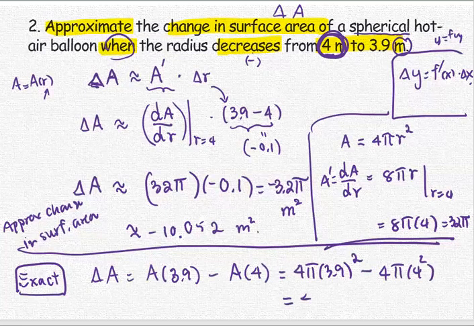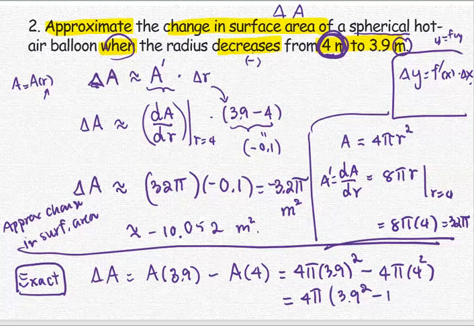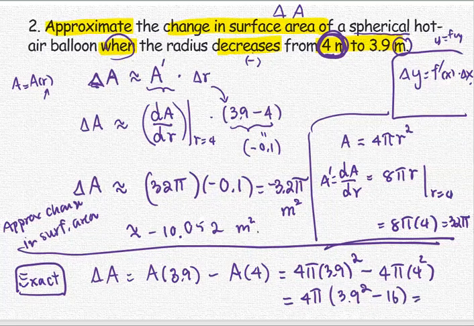Then you can do one more step, factoring out 4 pi and multiplying by 3.9 squared minus 4 squared, which is 16. The calculator should give you a negative number, about negative 9.9274 and so forth. The unit is meters squared. And compare the numbers.